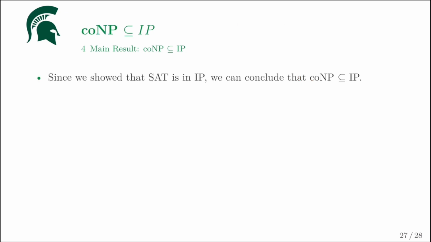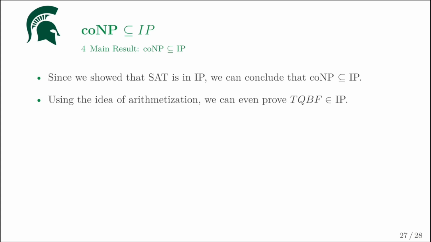Since we showed that the satisfiability problem is in IP, we can also conclude that co-NP is a subset of IP. Using the idea of arithmetization, we can even prove that TQBF is in IP. This means that P-space is a subset of IP, which is a quite surprising result.